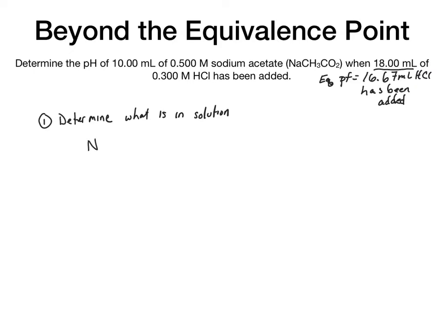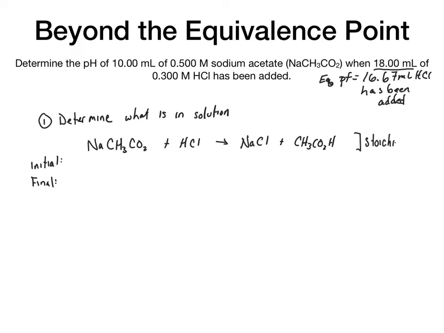And so we have sodium acetate plus HCl goes to form NaCl plus acetic acid, and we need to find out what is in solution. We have a single arrow, which means that we are doing stoichiometry, and that means that we need to use moles.